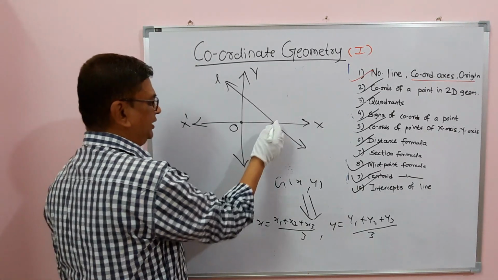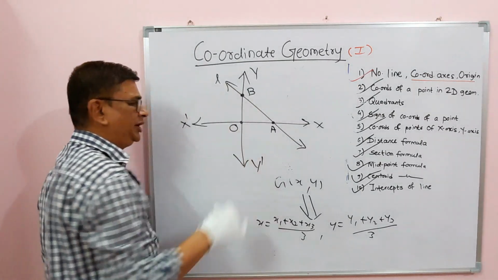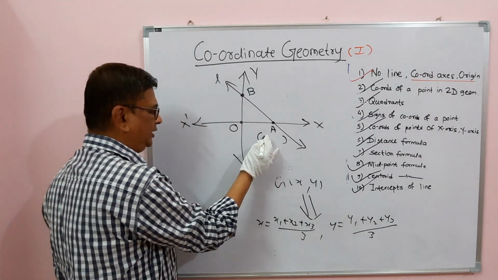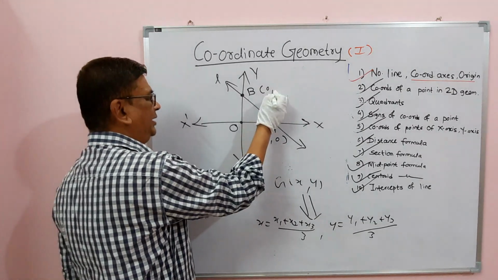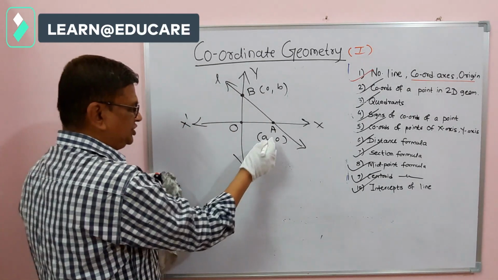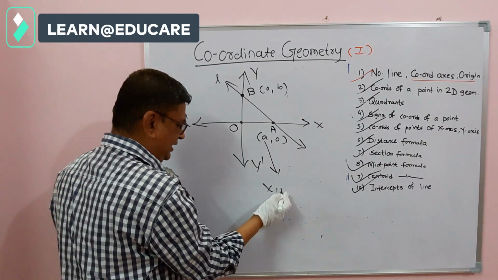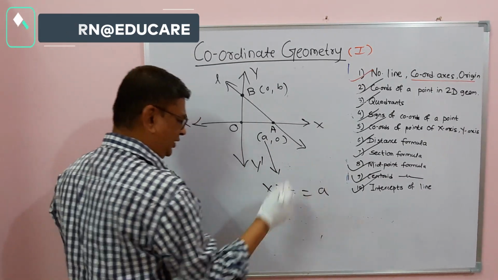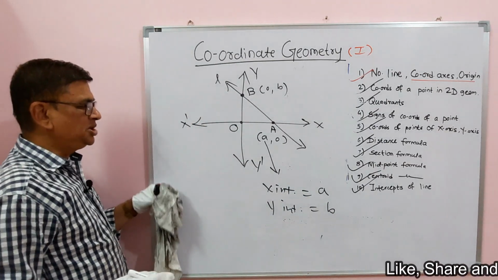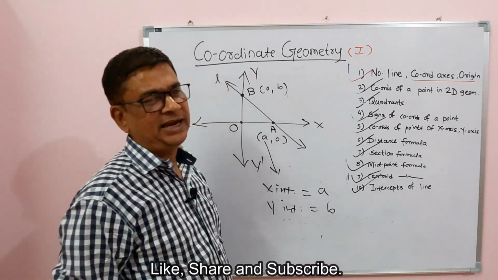Suppose this straight line meets the x-axis at point A and the y-axis at point B. Suppose point A has coordinates (a, 0), and point B has coordinates (0, b). Then the x coordinate of the point of intersection with the x-axis, that x-intercept, will be a, and the y-intercept will be b. So they are the corresponding coordinates of the points of intersection with the x-axis and y-axis respectively.